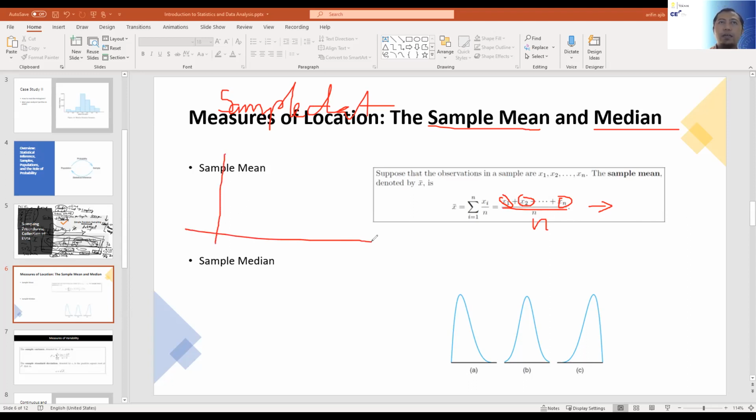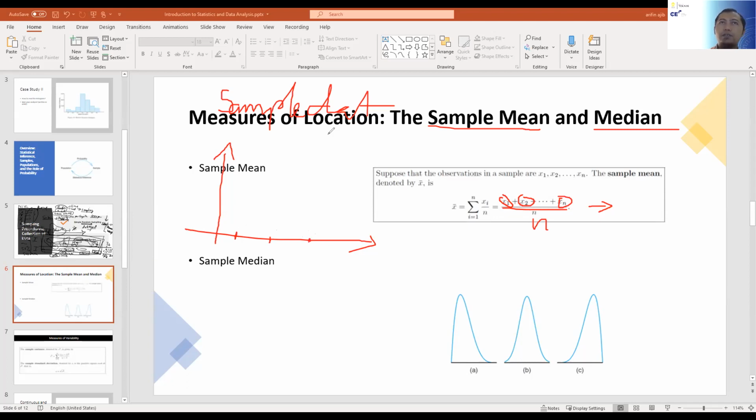You can see, for example, income per capita, and this is specific in Jakarta.